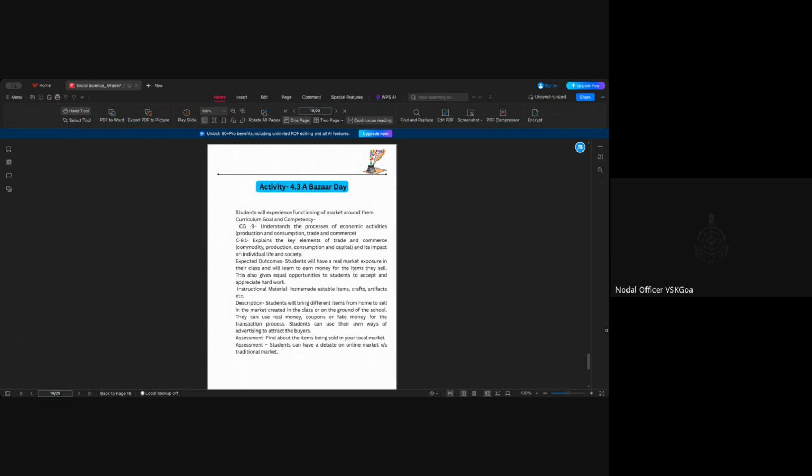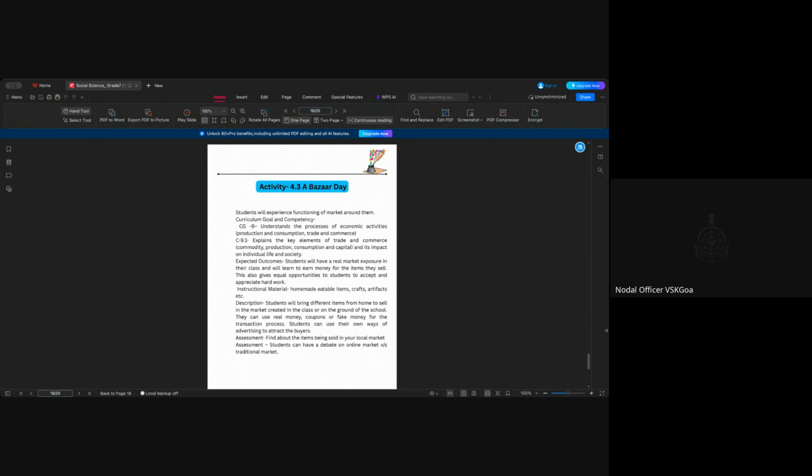Otherwise also, in our school for the primary section we have a bazaar day, wherein the students transact with different forms of commodity and learn the transactions of money.